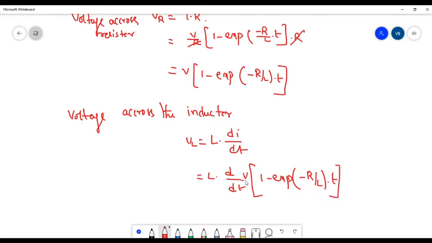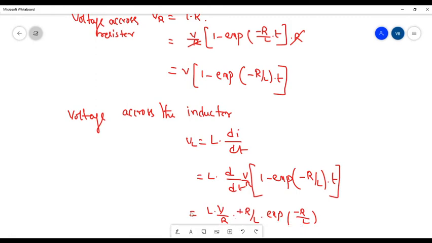So if you simplify this one, L into V by R, you take it as common and write it outside. So here the derivative of 1 is equal to 0, and the derivative of the exponential term is minus R by L into exponential of minus R by L into t. Here minus R by L, this term is minus, so the total value will become plus.